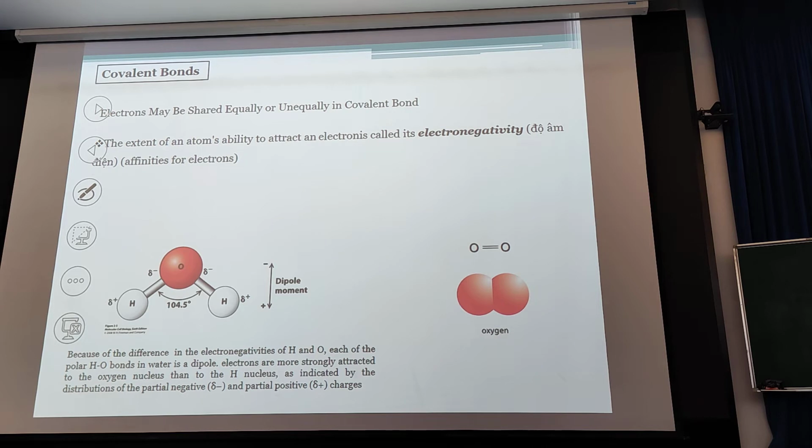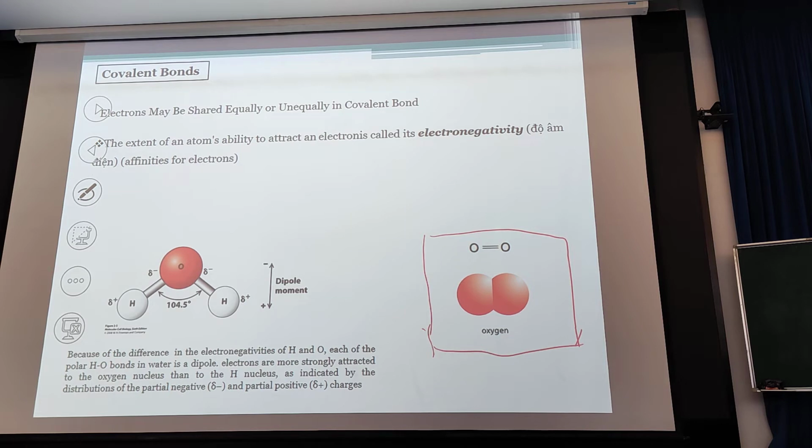In covalent bonds, the electrons may be shared equally or unequally. In these typical examples, the ability of an atom to attract electrons is called electronegativity, or we can call it the affinity for electrons. You can see here in the oxygen molecule, because it is formed from 2 of the same atoms, they have equal covalent bonds.